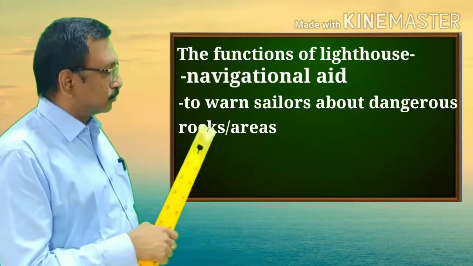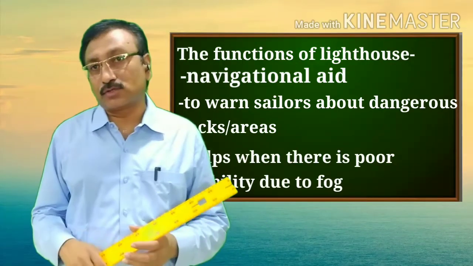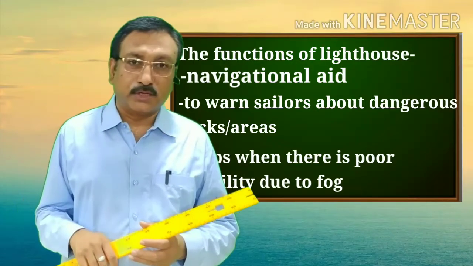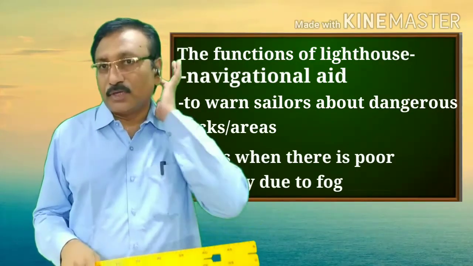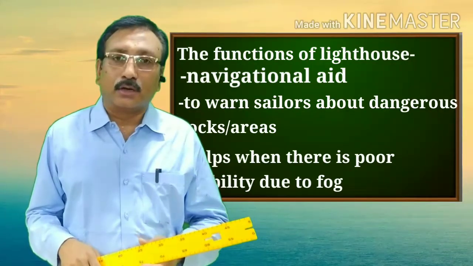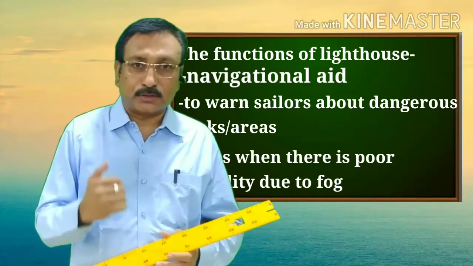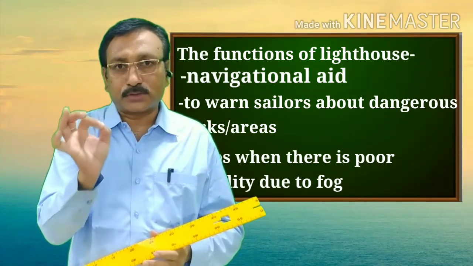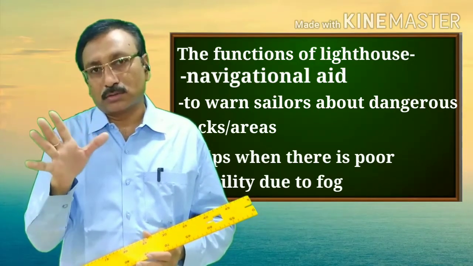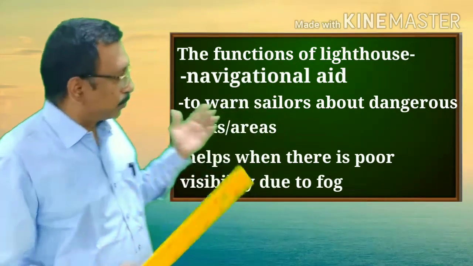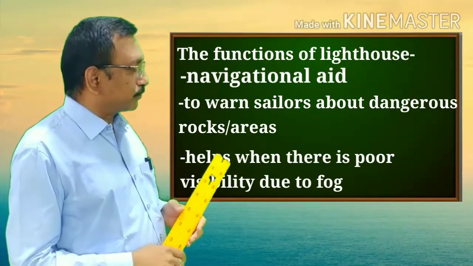The third function of the lighthouse is that sometimes because of the fog, there is poor visibility. Many times sailors face the problem of invisibility in the sea. So the lighthouse helps in this critical situation of the fog. So there are different purposes of the lighthouse near the coast.